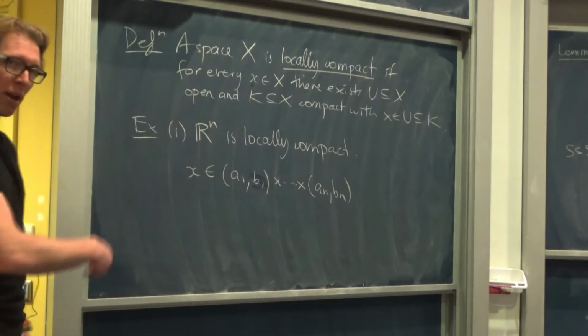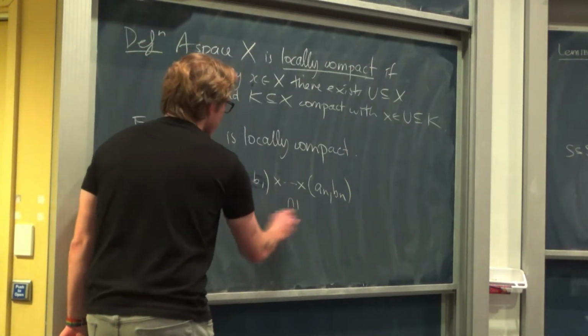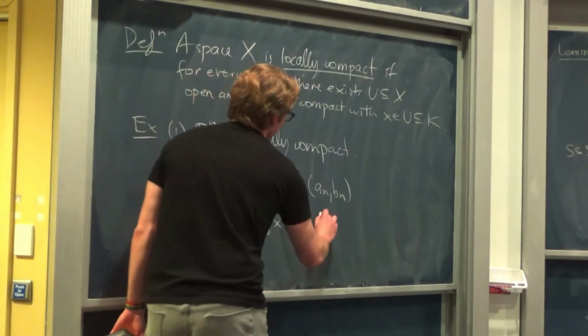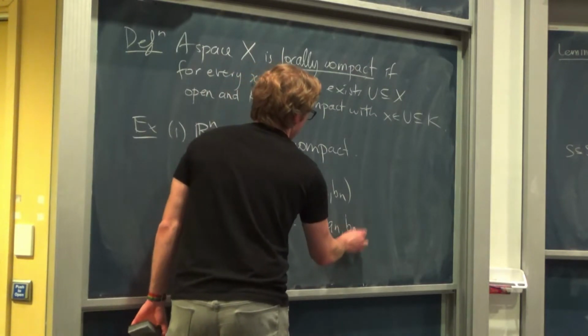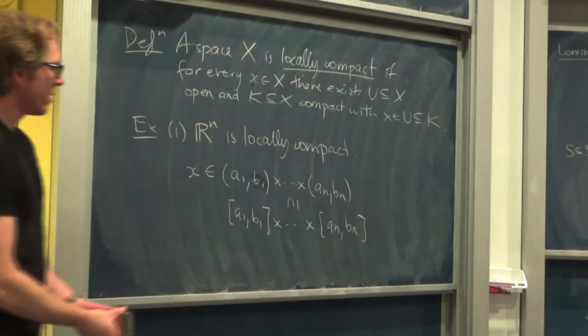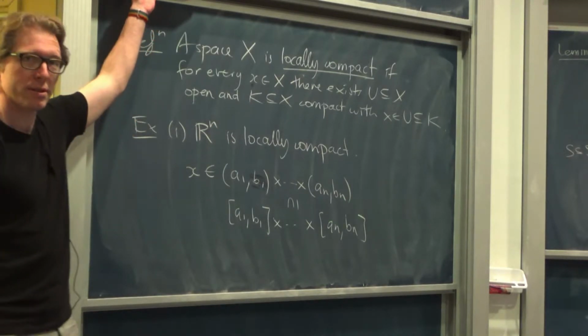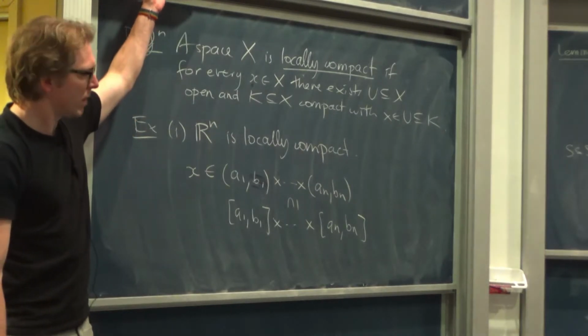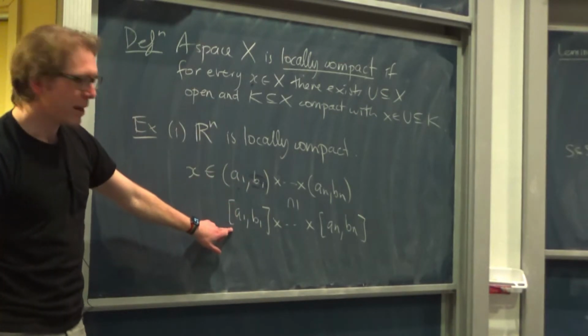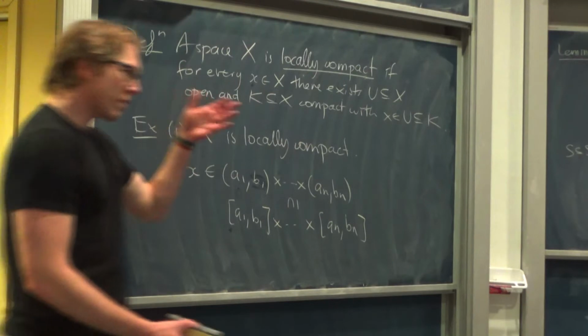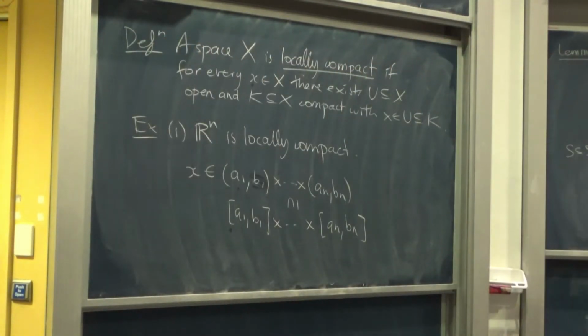So there's some open neighborhood like that, and that sits inside a product of closed intervals. That's a product of compact spaces, and therefore compact, as we discussed. That's Heine-Borel. So that's open, and that's compact. So R^n is locally compact. Not everything that works for compact spaces works for locally compact spaces, but some of the things do, and it's significantly more general.